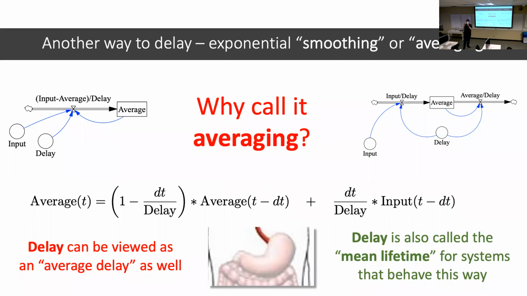The average amount of time that they wait is their mean lifetime or time constant. And that's the delay term that we put into this little unit here. That's how we characterize the speed of these delays. So yeah.